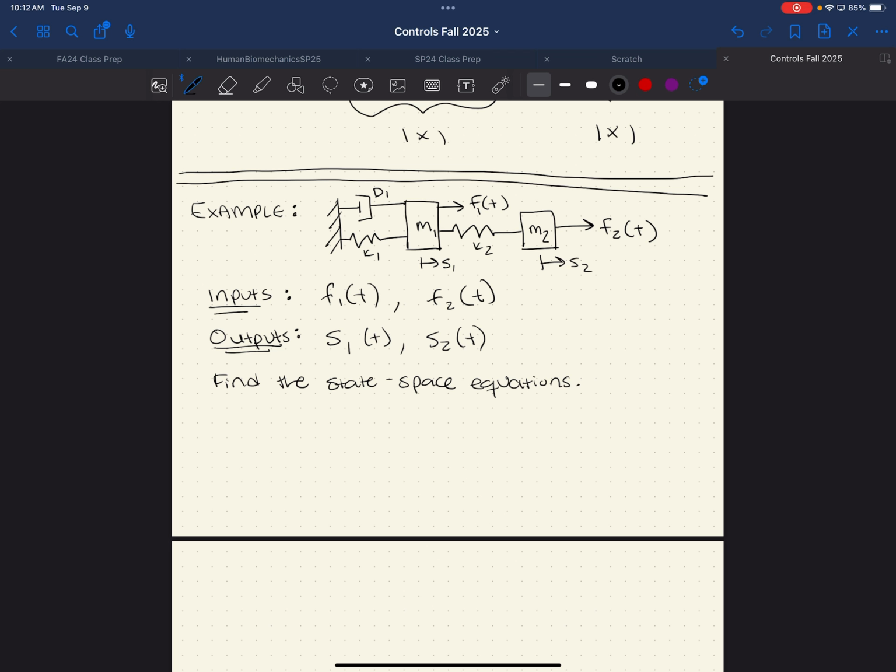John, what's my state space equation? x dot equals Ax plus Bu. Or y equals Cx plus Du. Beautiful.